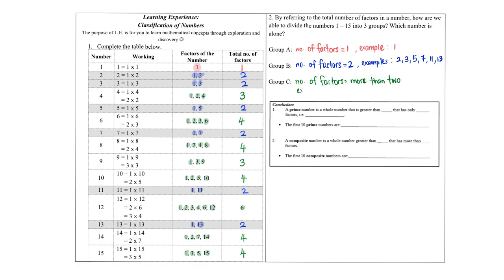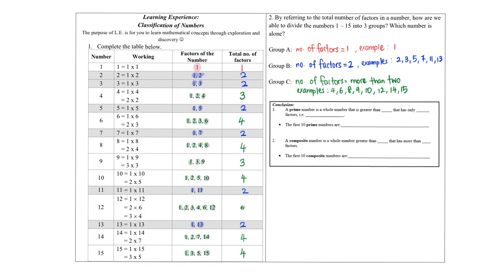And the examples for this would be 4, 6, 8, 9, 10, 12, 14, 15. And so we have these 3 groups already.